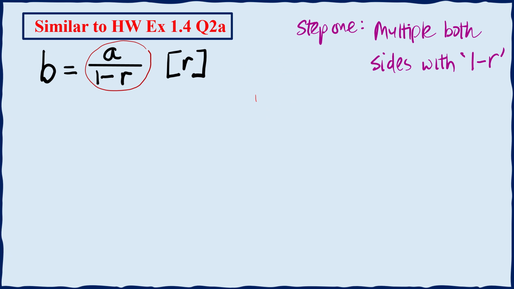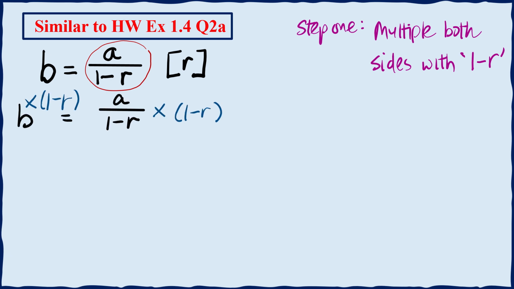All right, so we're going to multiply both sides with 1 minus r. And therefore, you're left with b. Okay, there's something very important: because you're multiplying with 1 minus r that consists of 2 terms, this bracket here is very important. This bracket must be there.